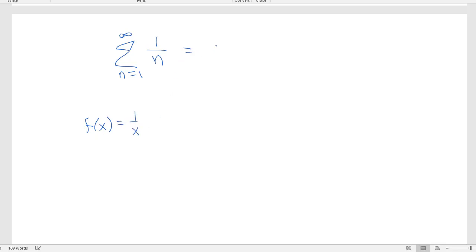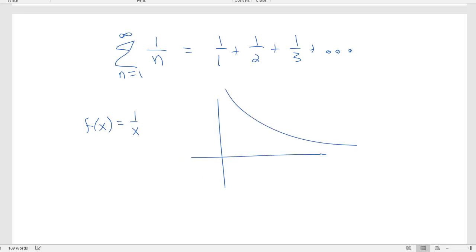And if I look at the terms in this series, I get 1 over 1, 1 over 2, 1 over 3, and so on and so forth. So if I'm looking at the function 1 over x, a rough sketch, and I look at delta x's of 1, because I want to match the domain of my series, going from 1 to 2 to 3 to 4 and so on, I'm going to use a left-hand rectangle in this case.